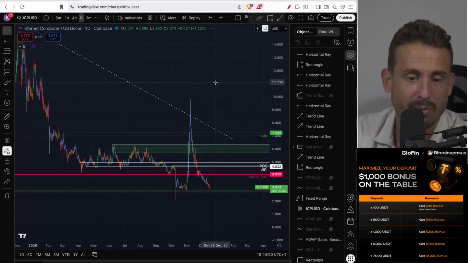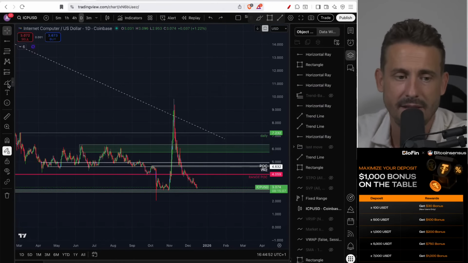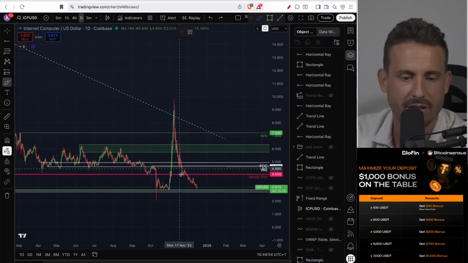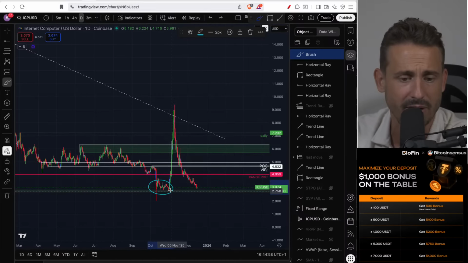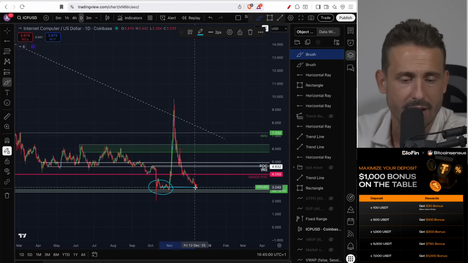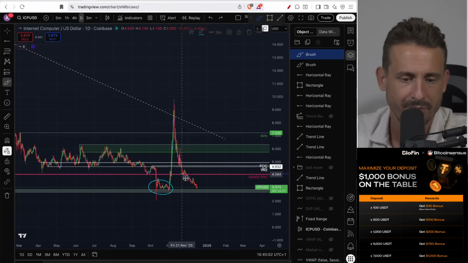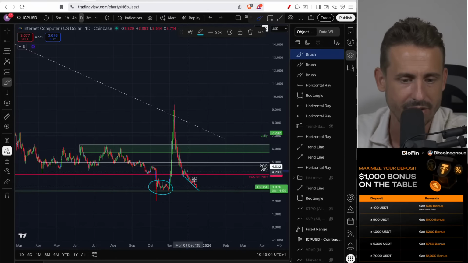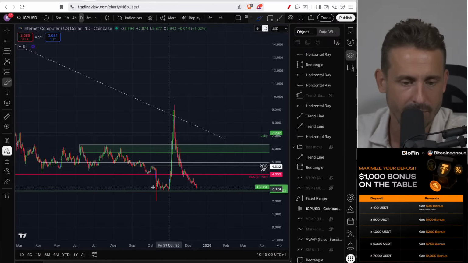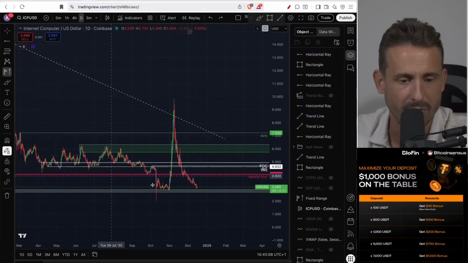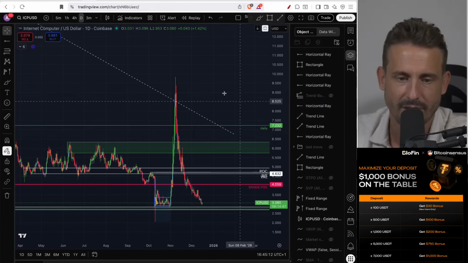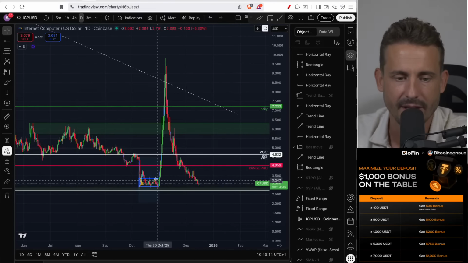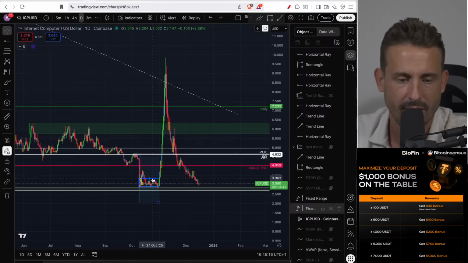Right now, ICP at support, man, I am not going to do analysis on ICP. It is true that we are at this consolidation on ICP, which is probably going to get some support. It is slowing down into this region. Without a doubt, we have that high volume node here. But how the market is at the moment, I'm literally not too interested.